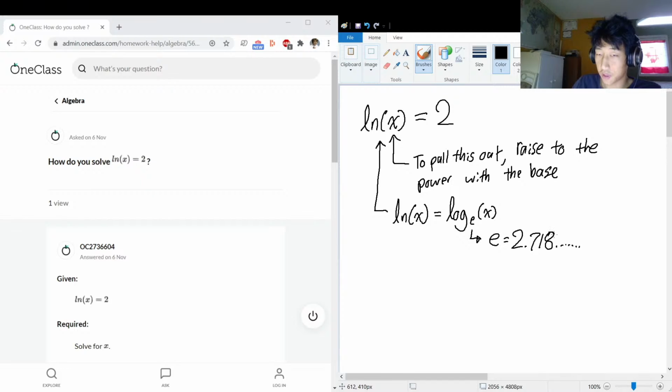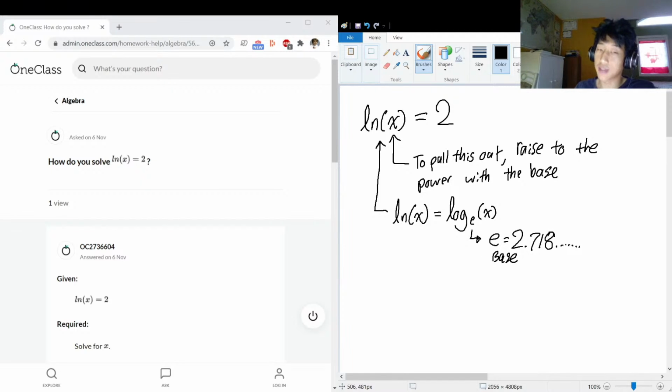Since we don't like writing all of that because it goes on forever, kind of like pi, we write e instead. This is a very special number, Euler's number, from a very smart mathematician named Euler, who discovered it trying to figure out some stuff about compound interest. So keep this in mind. In this case, our base is e.